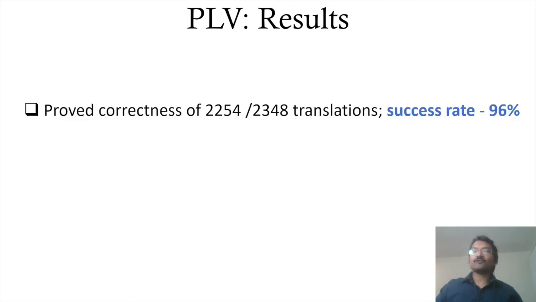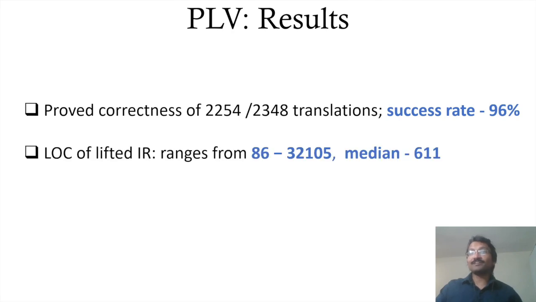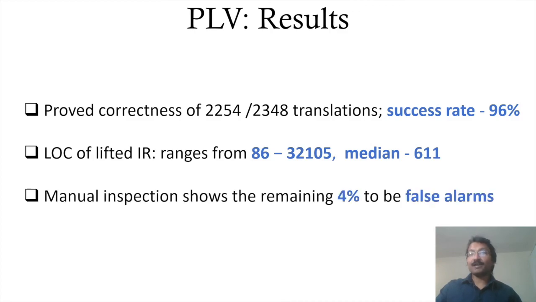With our program-level validation strategy, we proved the correctness of 2,254 out of 2,344 translations with a success rate of 96%. The LOC of the lifted IR ranges from 86 to 32,105. The manual inspection shows that the remaining 4% are false alarms.